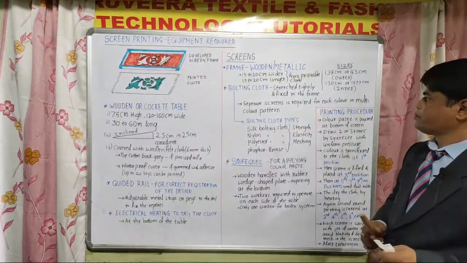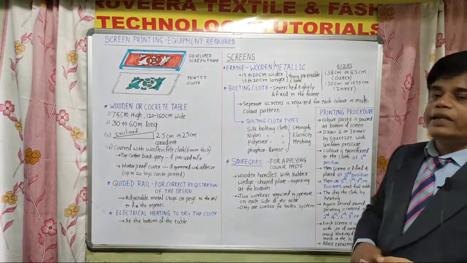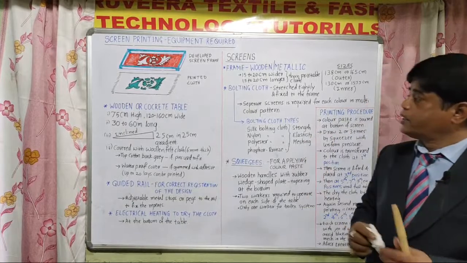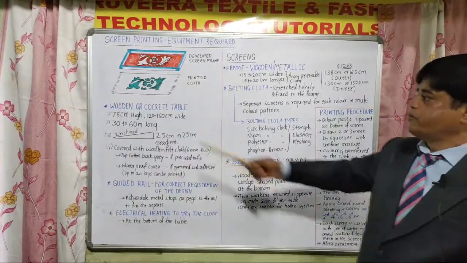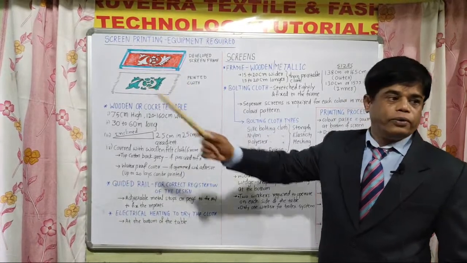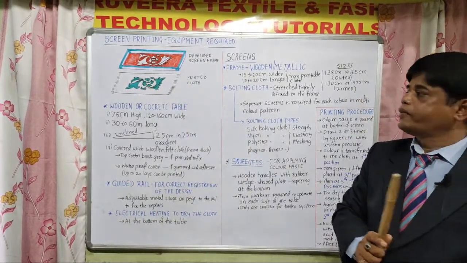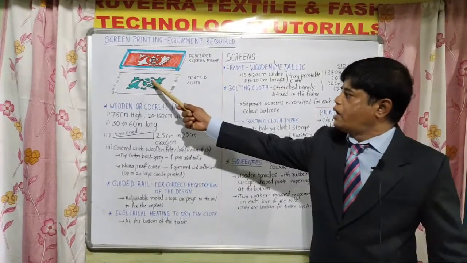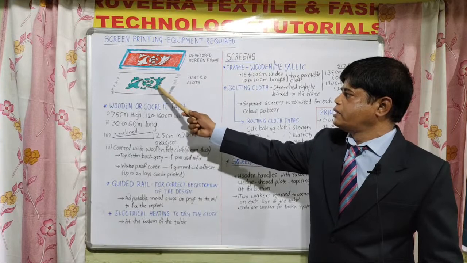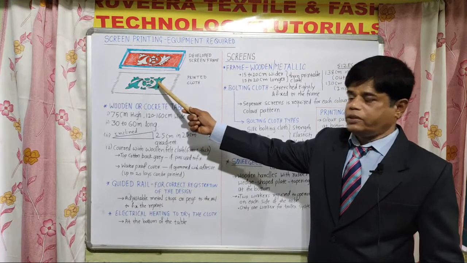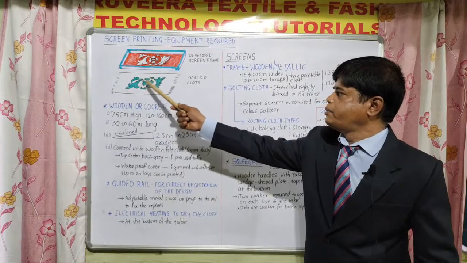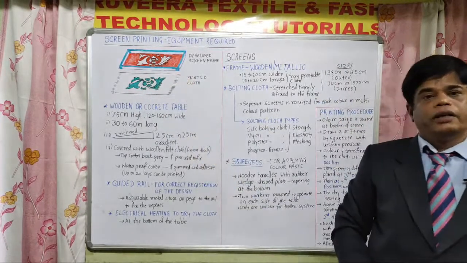And how many screens are used? Suppose the same design is printed on the cloth with green color. Suppose this part is required to print red, this part yellow, and the middle part green.